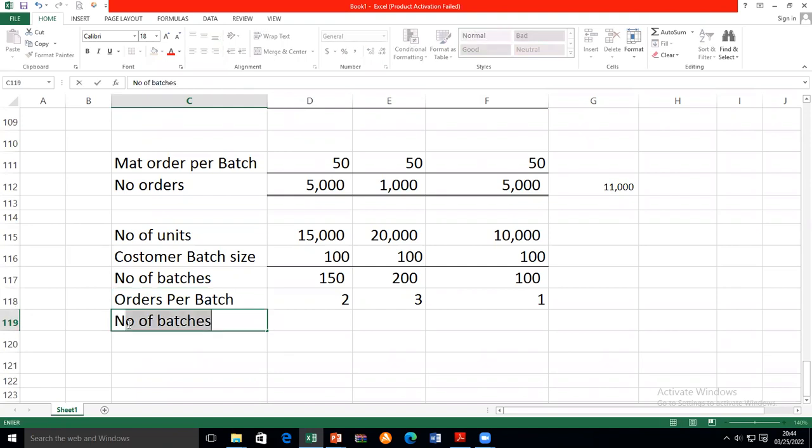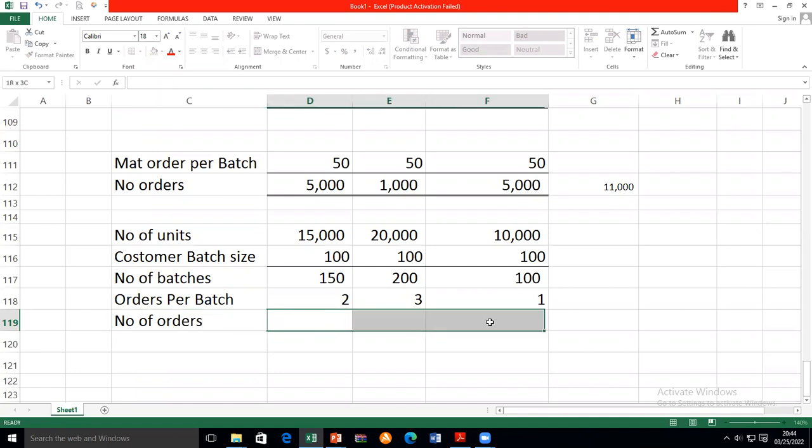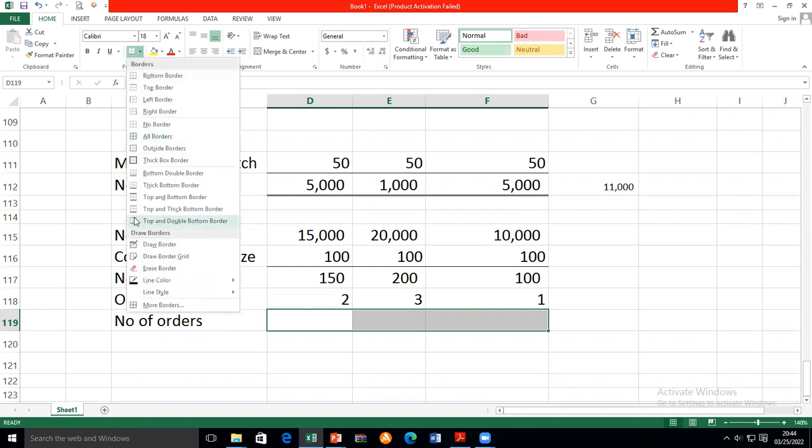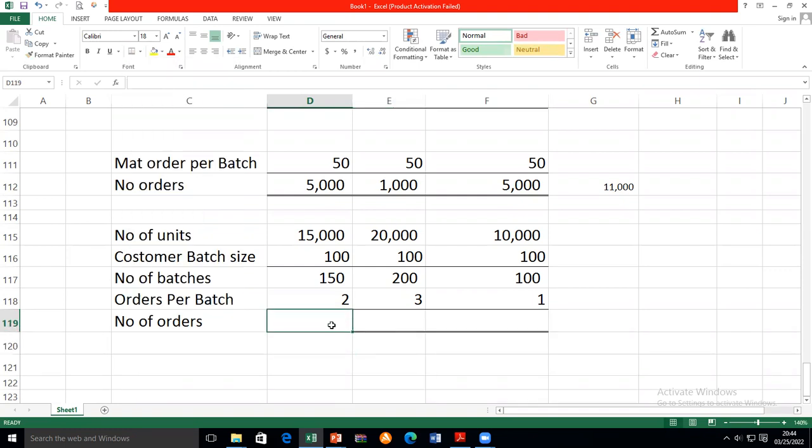So the number of orders per batch divided by that.